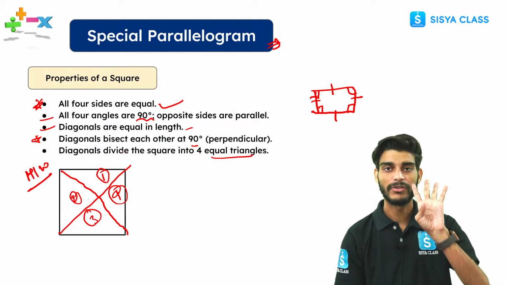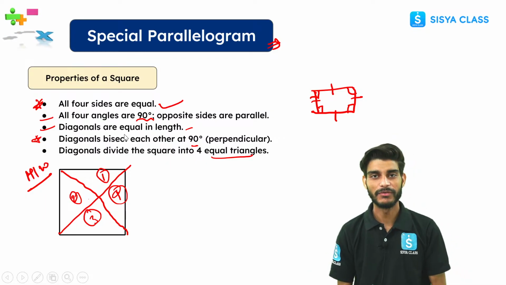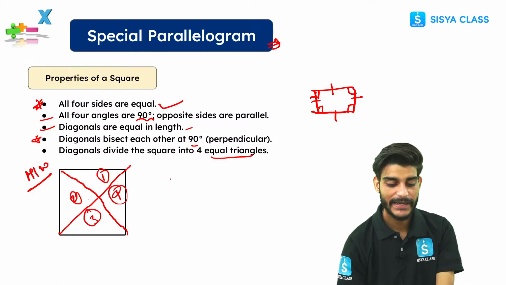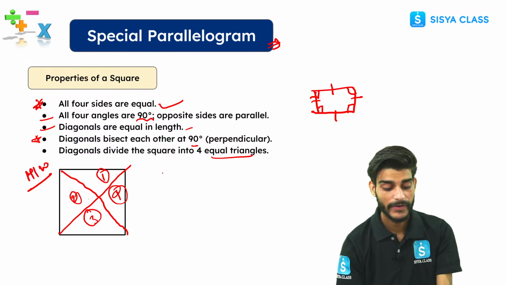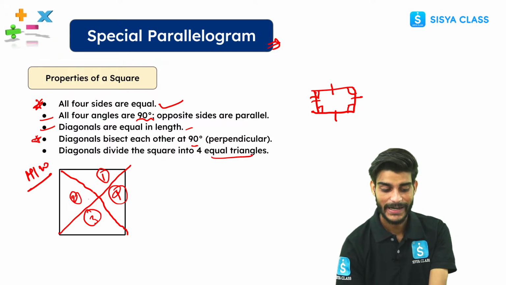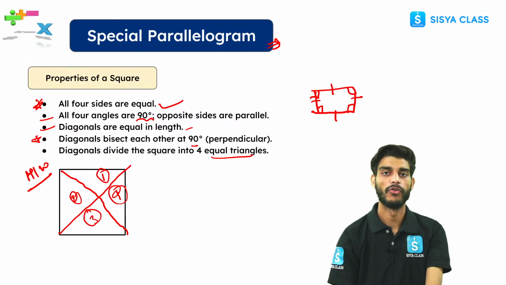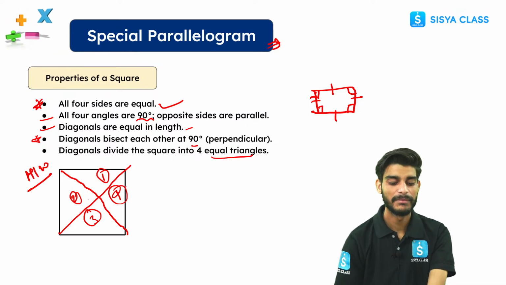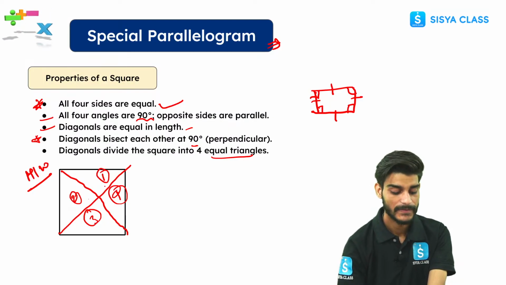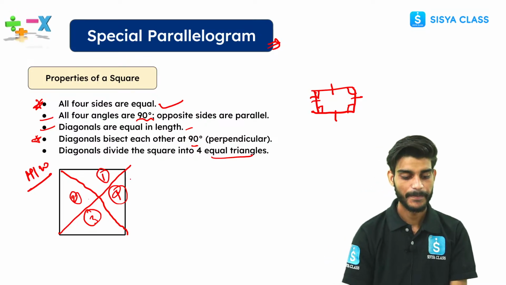Do you know some criteria to prove triangles equal? Remember? Yes, the congruence criteria, right? You have to prove triangle 1 is congruent to triangle 2, triangle 1 is congruent to triangle 3, and triangle 1 is congruent to triangle 4. Then all the triangles will be equal. Please do it. Use one of the criteria for congruence. Okay?